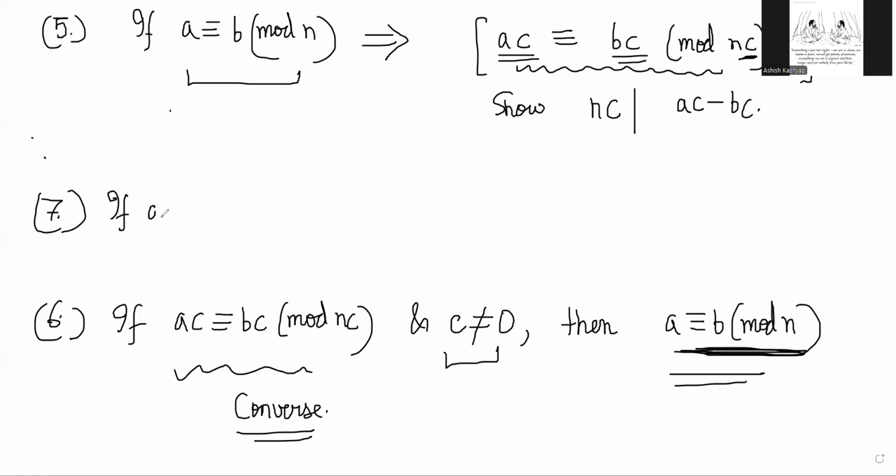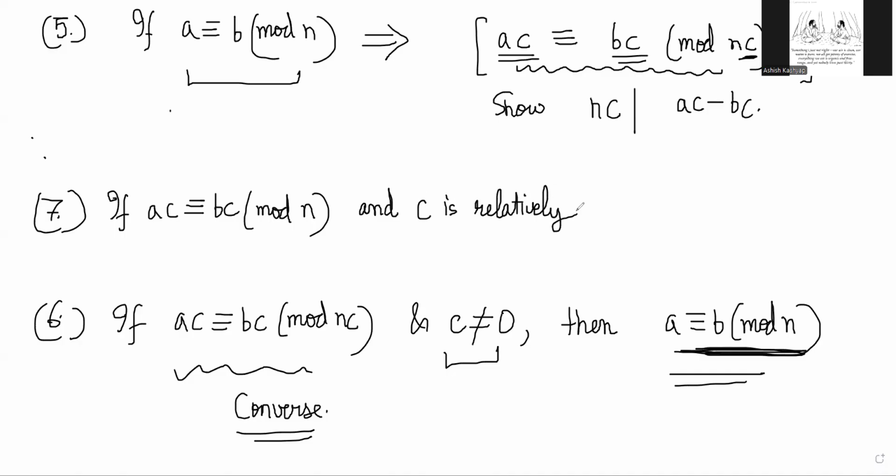If AC is congruent to BC mod N, it is not mod NC here, and C is relatively prime to n, then A is congruent to B mod n.